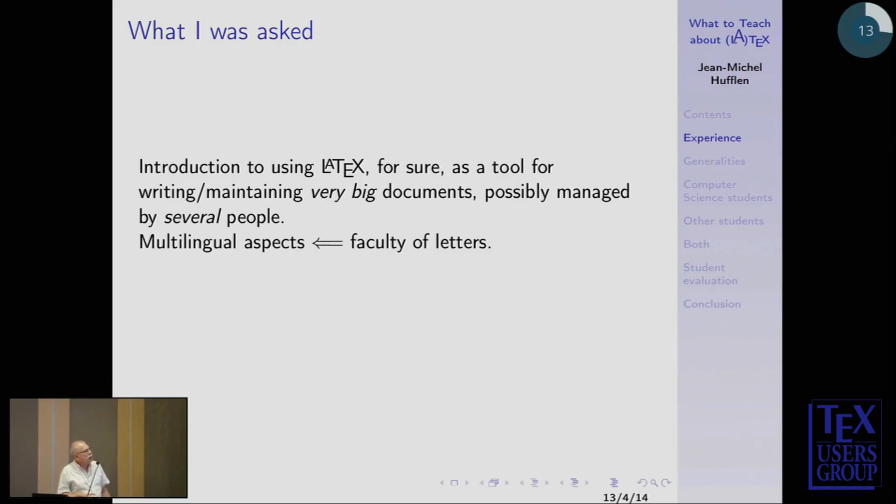For example, in the Faculty of Letters, I had to emphasize the multilingual aspect. That is, encoding commands for a Babel package. At this time, polyglossia was unknown.